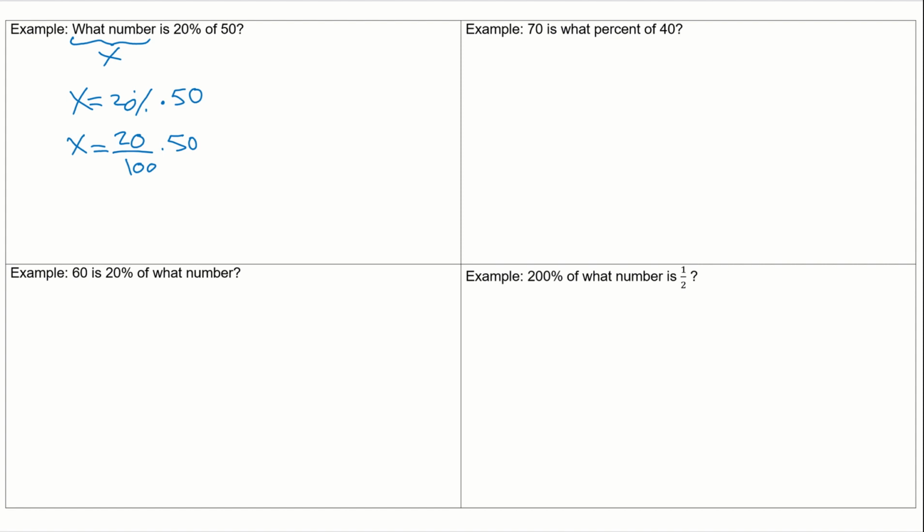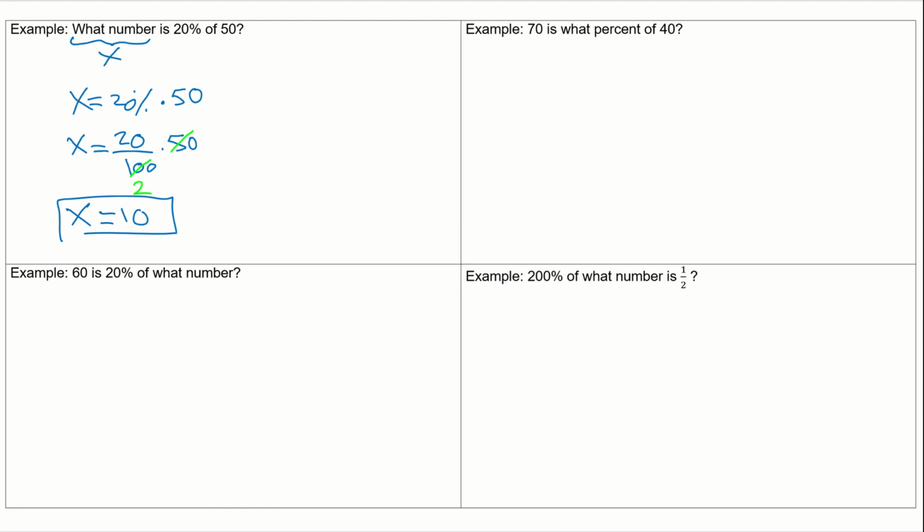We notice that, for instance, we can cross cancel the 50 and the 100. That leaves us 2 on the bottom. So now we're almost done because we get x equals 20 over 2, which is 10. So now we know that 10 is 20% of 50.